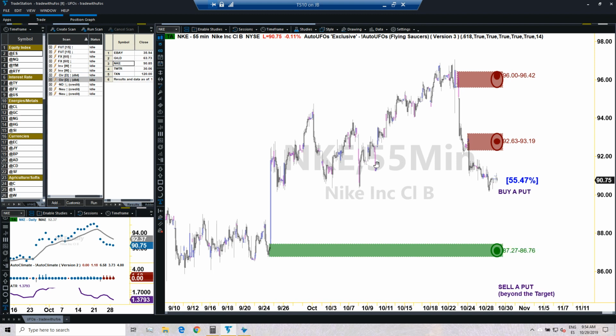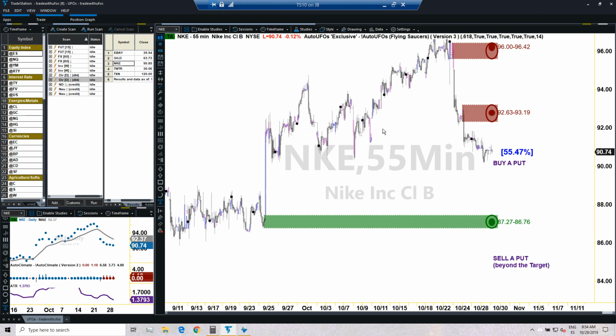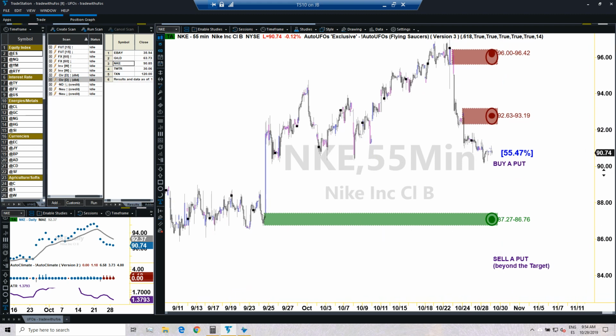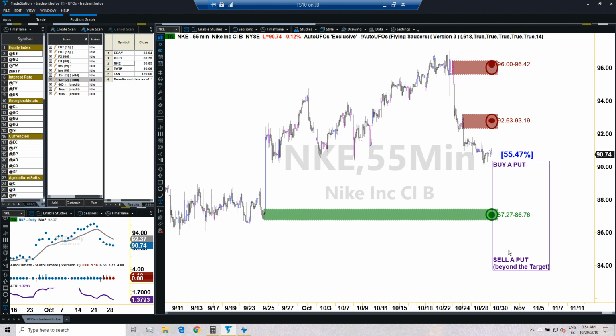That's how we have to do it. The target is 84.83, so that put would be more or less here, visually speaking, if you look at the price scale on the right.